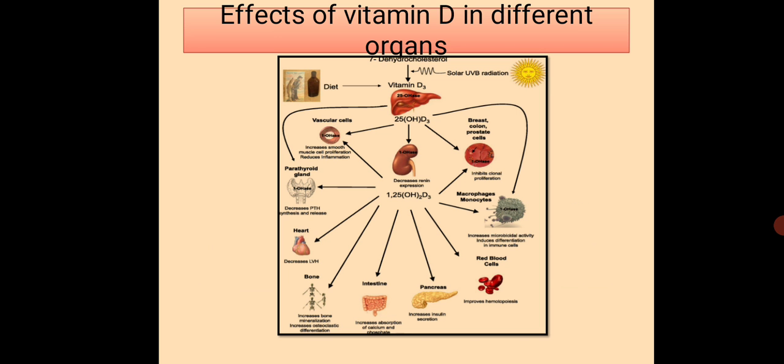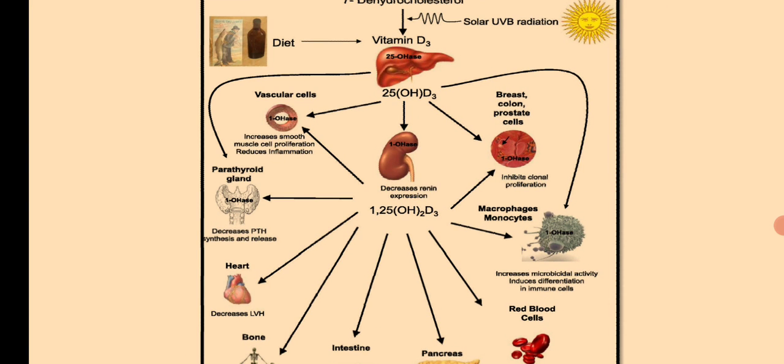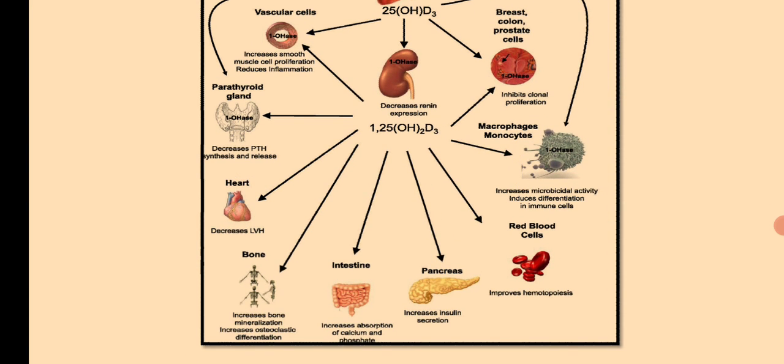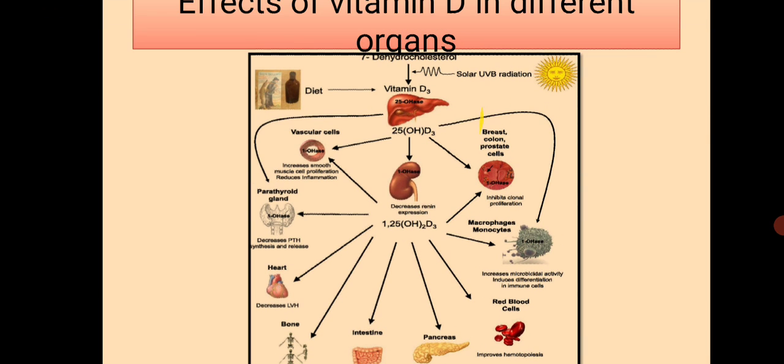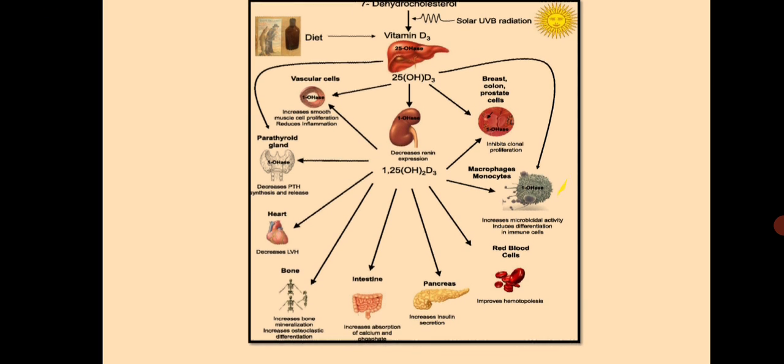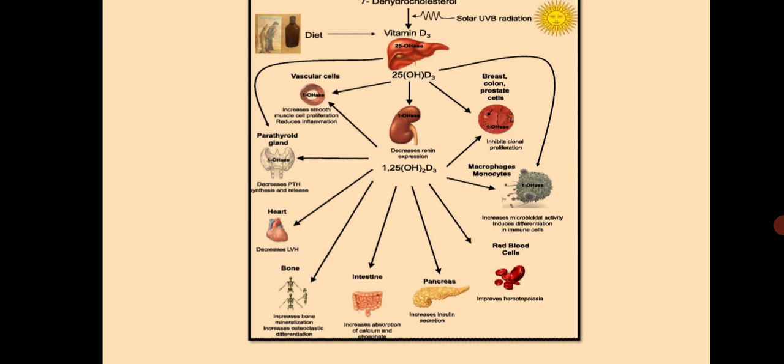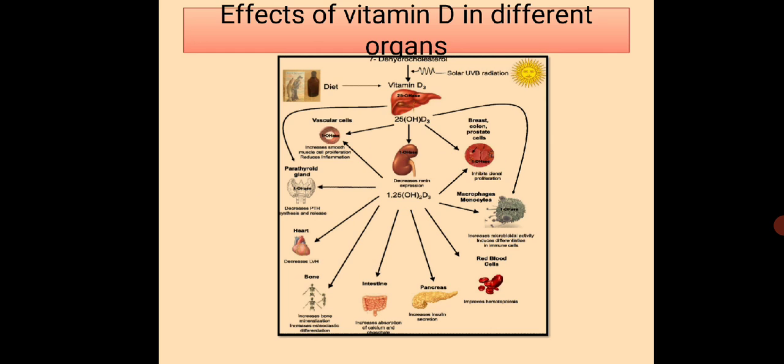So here is the effect of vitamin D on different organs, as I have already explained: how it is activated in the body into its active form, and that some comes from diet and sunlight, and is converted in the liver, kidneys, and some other organs, and also helps different organs work properly.